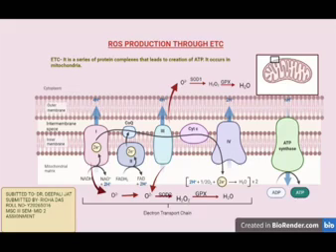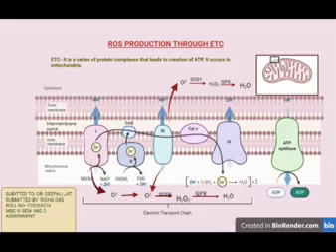Mitochondria are a main source of cellular respiration. Generation of ROS mainly takes place at the electron transport chain located on the inner mitochondrial membrane during the process of oxidative phosphorylation. Leakage of electrons at complex 1 and complex 3 from electron transport chain leads to partial reduction of oxygen to form superoxide.